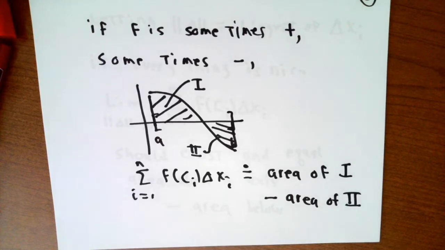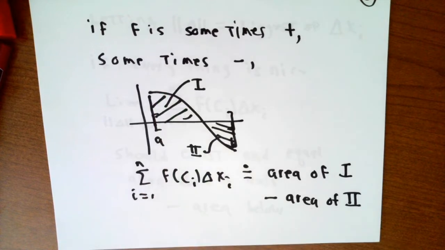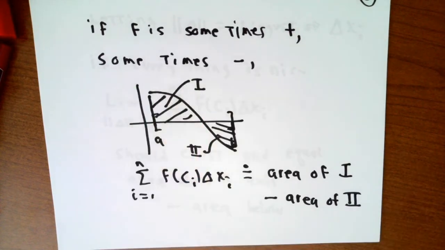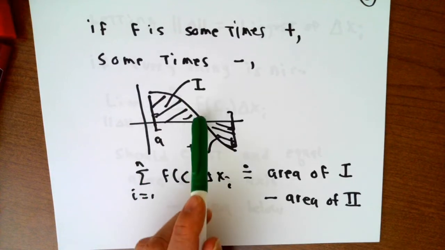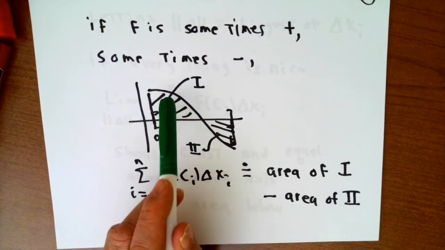And if the function is sometimes positive and sometimes negative, thinking of the small rectangles that go with region 1, those rectangles will represent areas. So this part, if you just stopped integrating at this point, would be the area of this region.